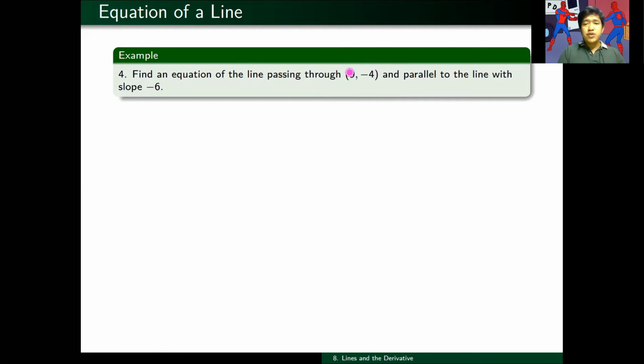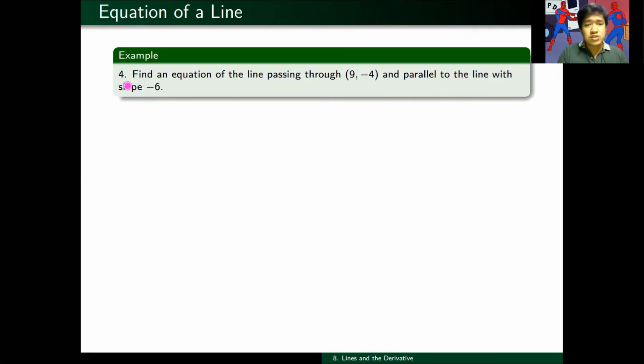What another info you can have, sabi niya, parallel daw yung line na hinahanap mo sa isang line na may slope na negative 6. So dahil sila po ay parallel, dapat pareho sila ng slope. Therefore, itong line na hinahanapan natin ng equation should also have a slope of negative 6. So I have now the infos that I need, a point and a slope.